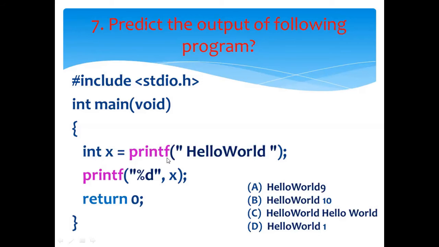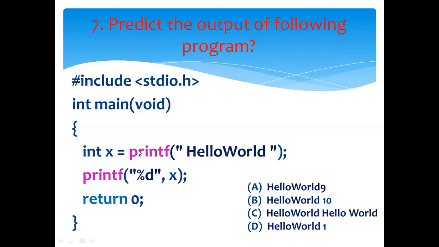So what does printf return? Similar to scanf, which returns the number of items successfully read, the printf function returns the number of characters successfully printed on the screen. The string "hello world" has 5 plus 5, 10 characters.